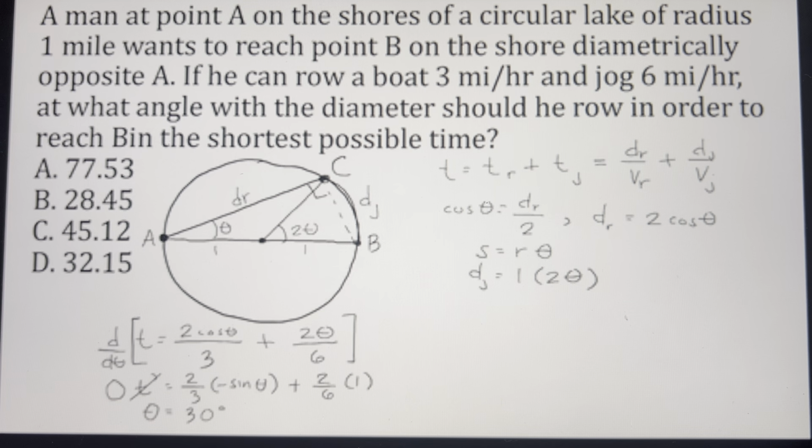So to find our time, this will be equivalent to 2 cosine of 30 degrees over 3, plus 2 over 6 times theta, where theta is 30 degrees. We should make it radians, so times pi over 180.